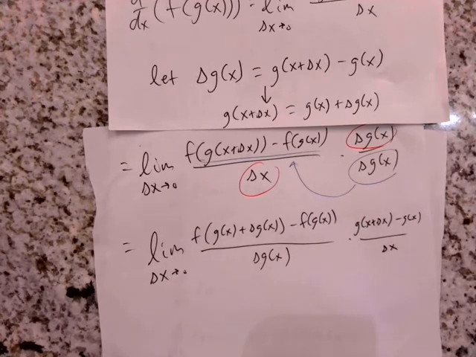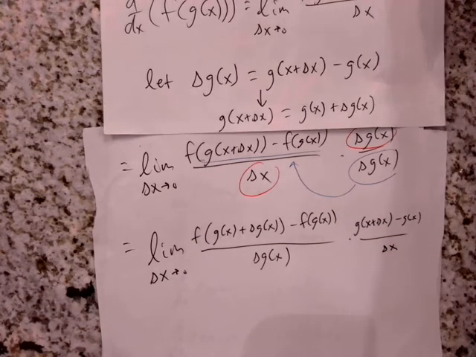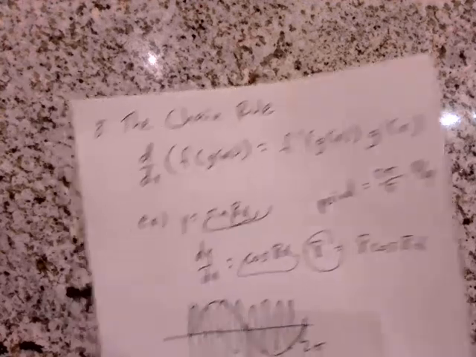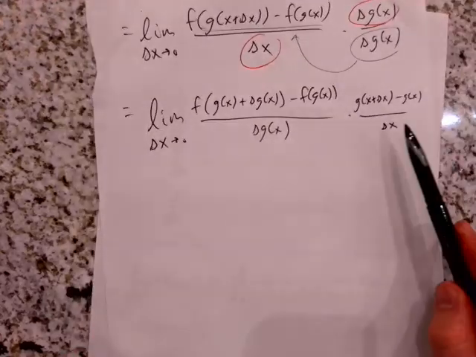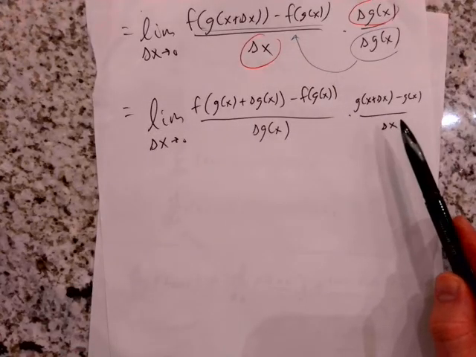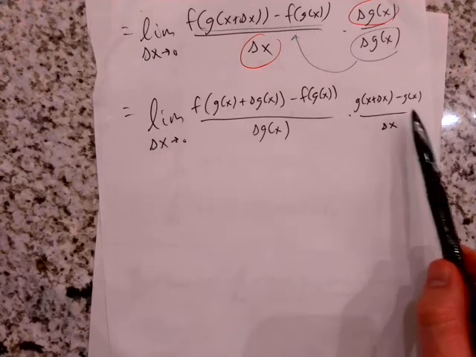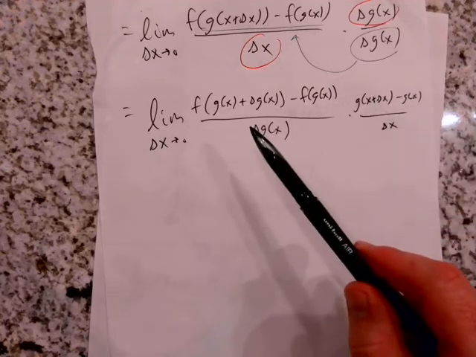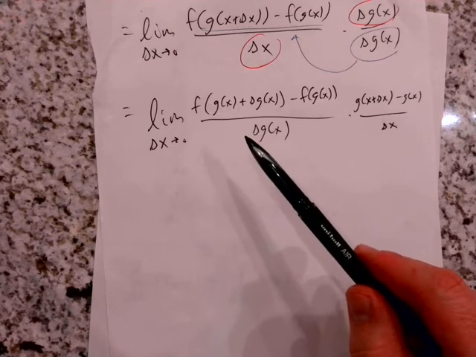We're almost there, because remember, we're trying to prove the chain rule, which is that the derivative is f prime g of x times g prime. G prime we already have. This is g prime, right? The limit as delta x goes to 0 of the change in g over the change in x. That is g prime. This is almost f prime g of x.